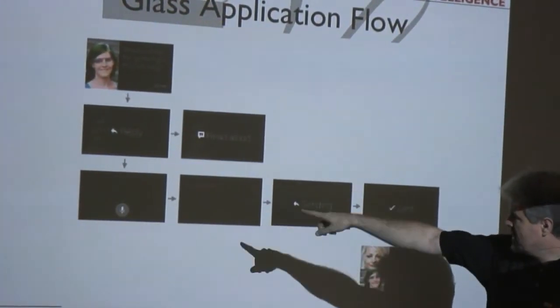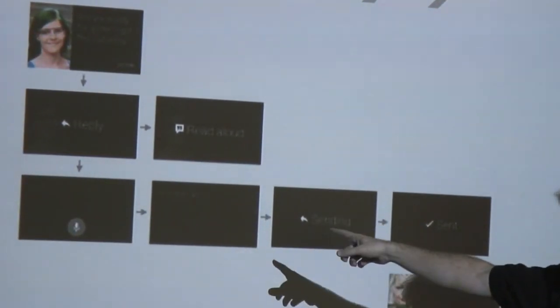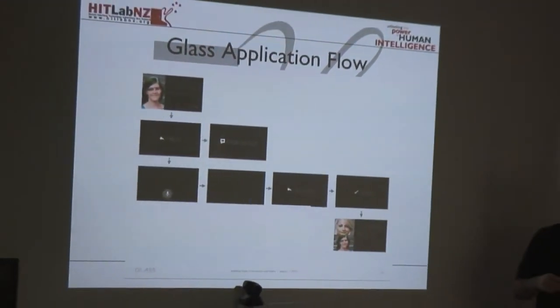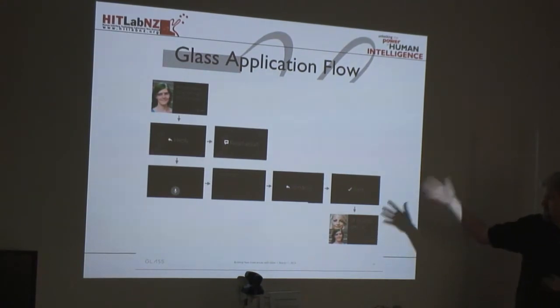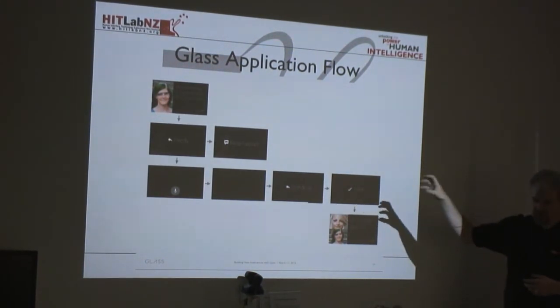If she taps on reply, it takes her down to this reply sequence here, where first of all it turns on the microphone, does speech recognition, starts sending the message, sent it, and then she's got the response there as well. So what's different from GlassSim and the storyboard is that this really focuses on all the transitions between the different states.